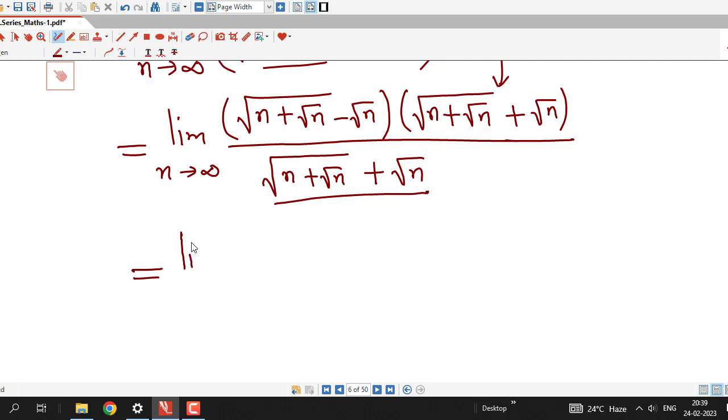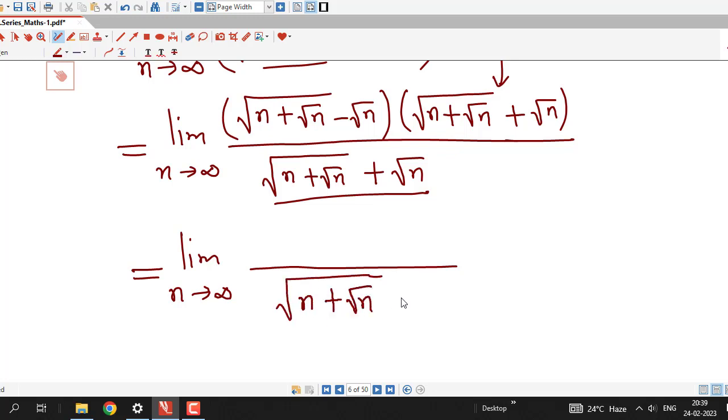Now we simplify this. This is limit n tending to infinity, and here we have this quantity as it is, n plus square root of n plus square root of n, and here if you notice we have something minus something and something plus something.